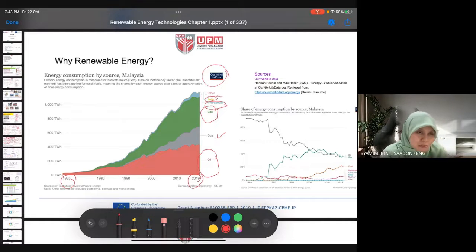Wind and so on is there too, but it depends a lot on the climate.